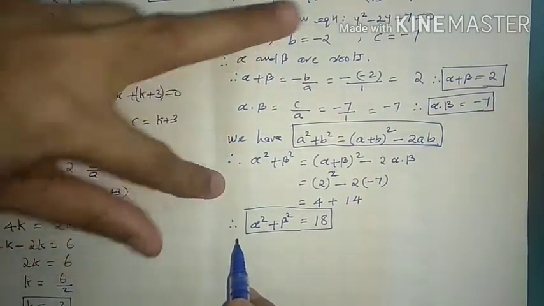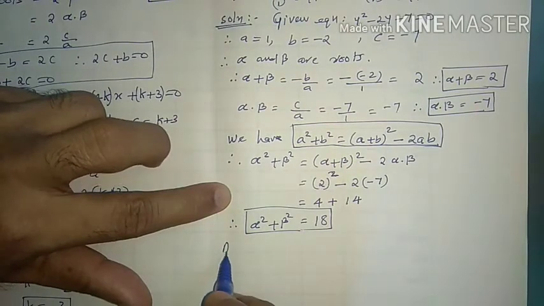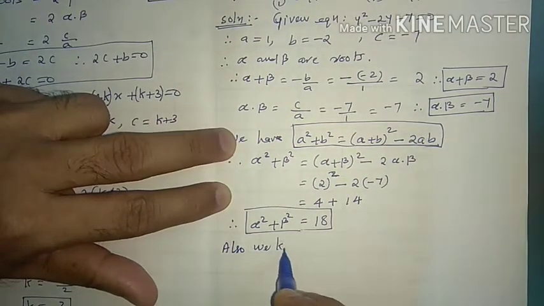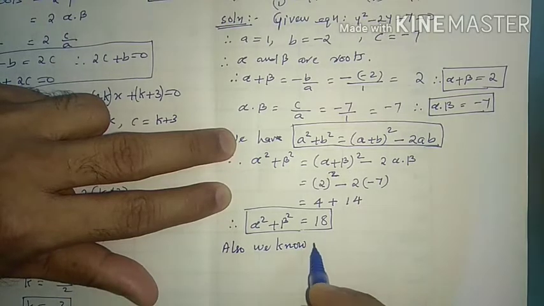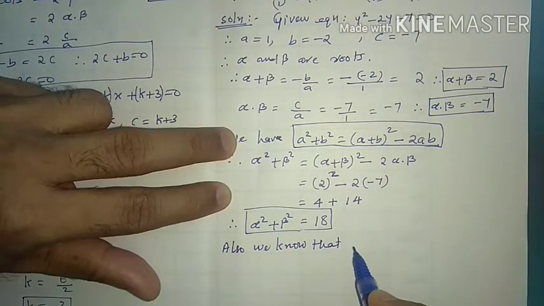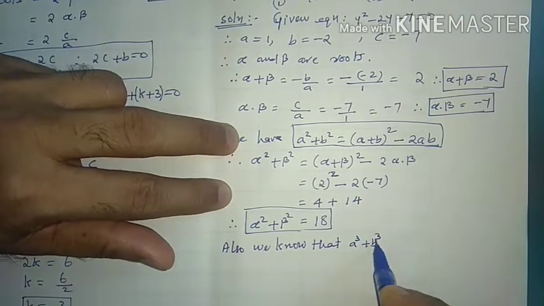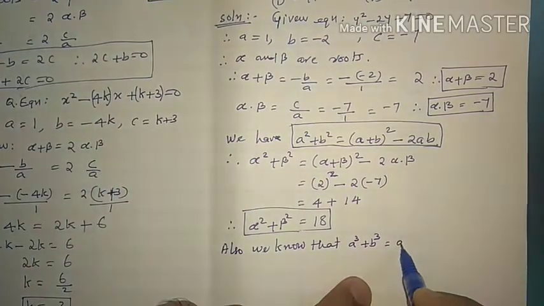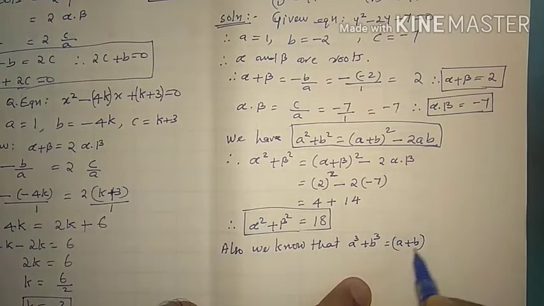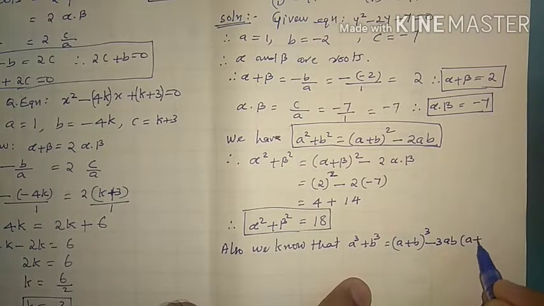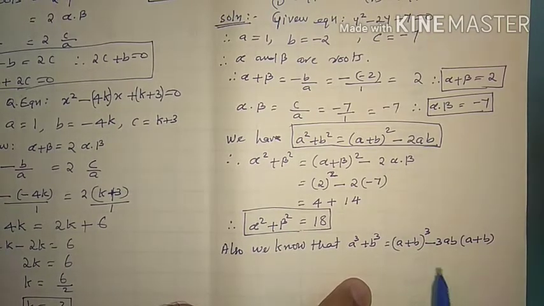One more formula you have to remember for this one. Also, we know a cube plus b cube is equal to a plus b the whole cube minus 3ab into a plus b. We know only a plus b and ab.